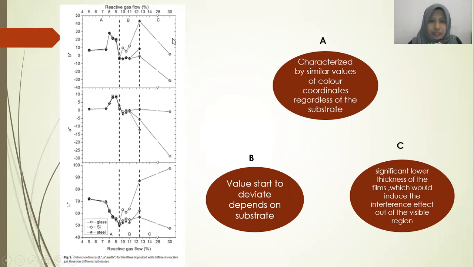While in the third zone, which is the C zone, the color coordinates vary strongly when different substrates are analyzed. In C, there is a significantly lower thickness of the films, which will induce the interference effect out of the visible region.